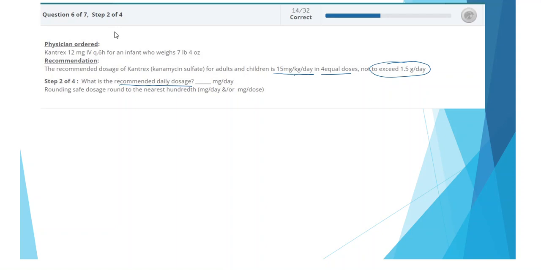So again, I'm taking my recommended, which is 15 milligrams per kilogram per day, times the child's weight, which was 3.3 kilograms. I didn't write that up top like I normally do. So I'll multiply that, 15 times 3.3, and I get 49.5 milligrams per day. Again, kilograms cancel.